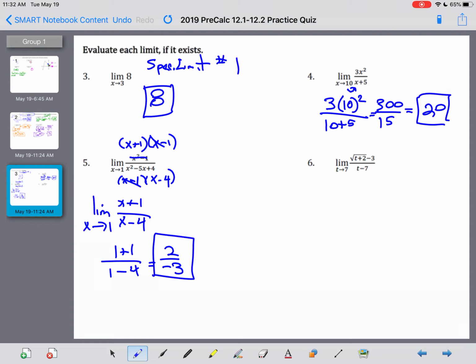Alrighty. Almost done here. Oh, we got to rationalize because if I plug in the 7 here, I'm going to get 0 in the denominator. Not good. So now I've got to multiply by the conjugate. There's my conjugate. What I do in the top, I need to do in the bottom.